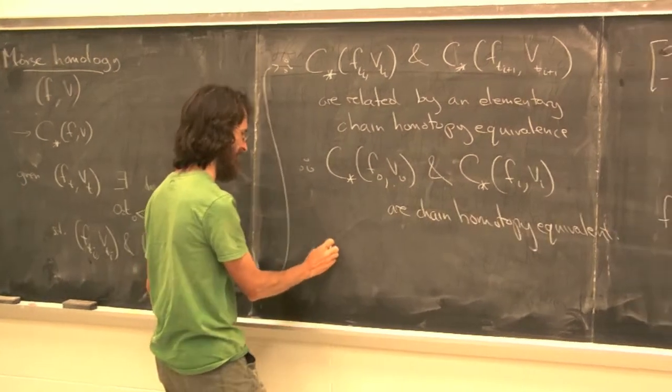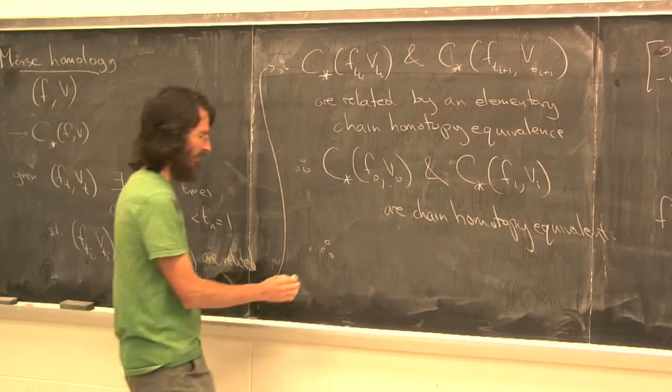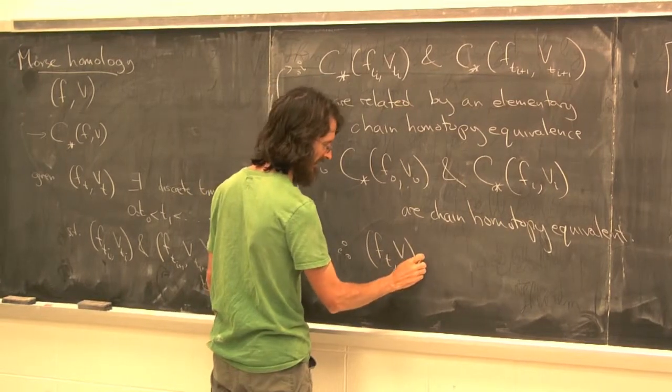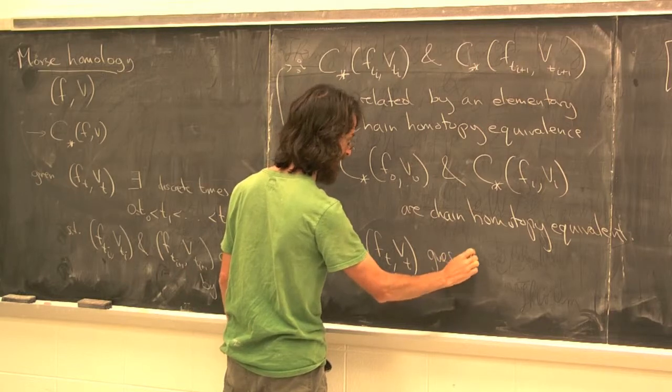And therefore, what I can conclude from that is that this particular one parameter family, F sub t, V sub t, gives an isomorphism.